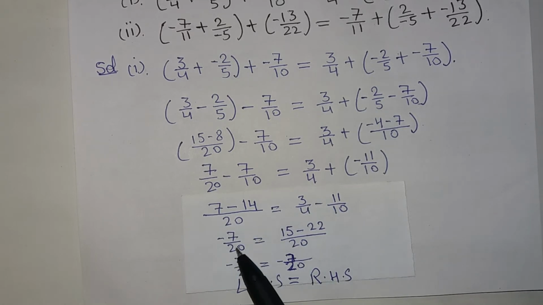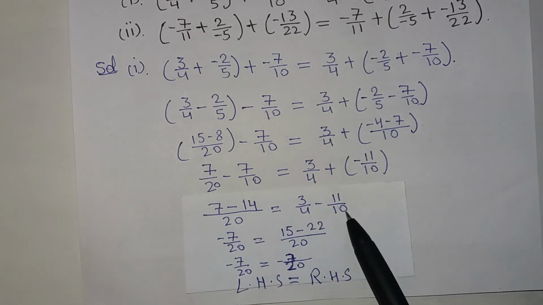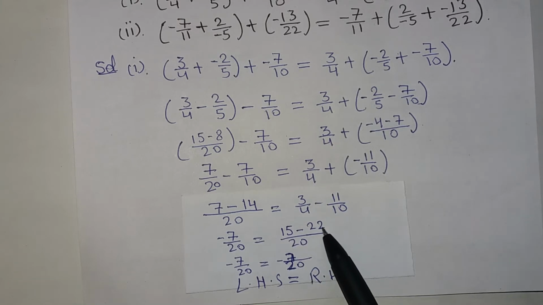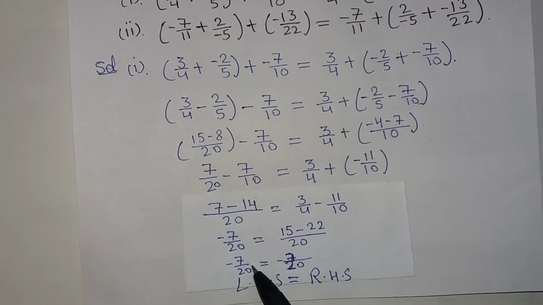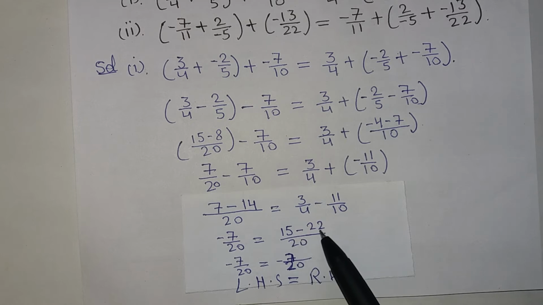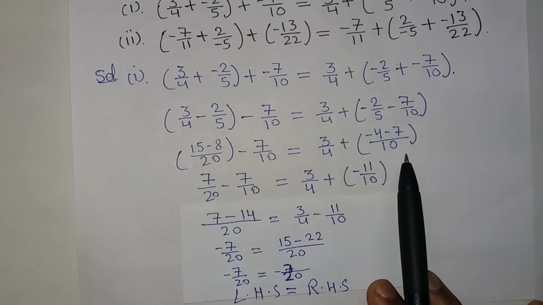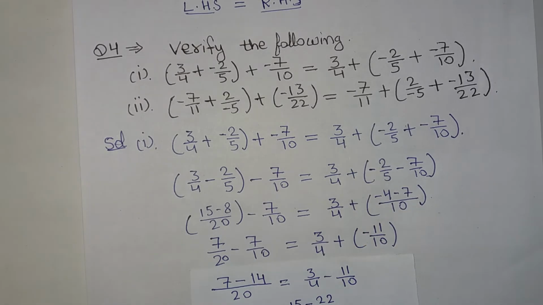So 7 minus 14 will be minus 7 upon 20, equal to, with LCM 20, 15 minus 22. So it is minus 7 upon 20, and by solving 15 minus 22, it is also minus 7 upon 20. So here we can say that the left hand side is equal to the right hand side. In this you have to try the second part. Now the next question.